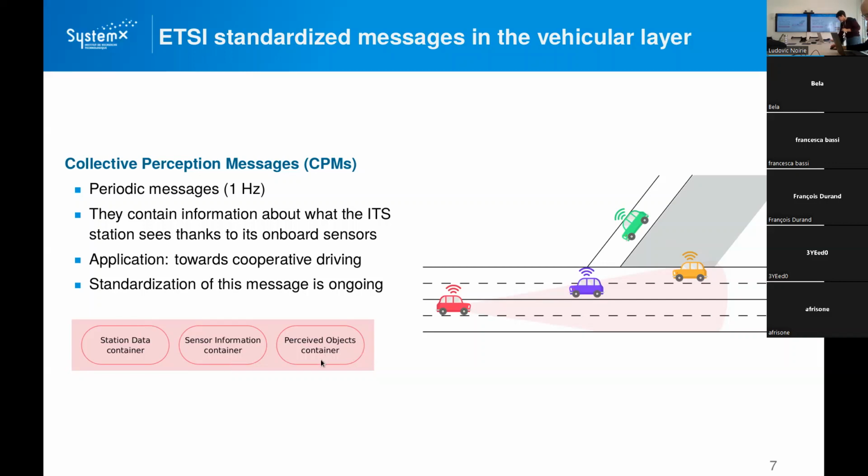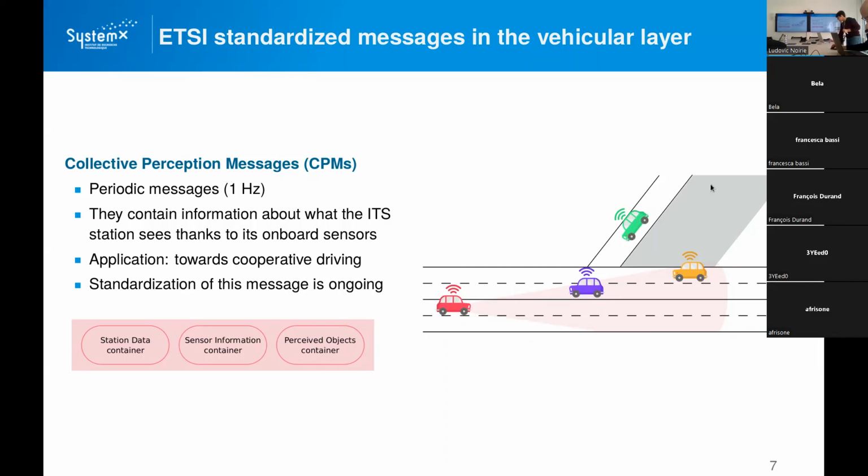And then it contains the list of objects that the red car can perceive thanks to its sensors. Here I colored the range where the sensors of the red car can see. So the red car can see the blue, it can see the yellow. So it will put this information in the message.